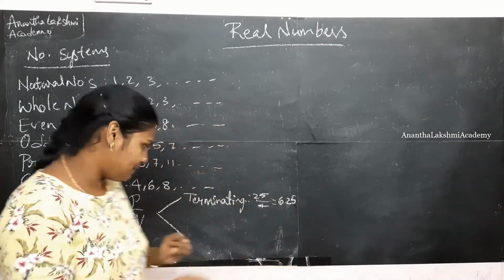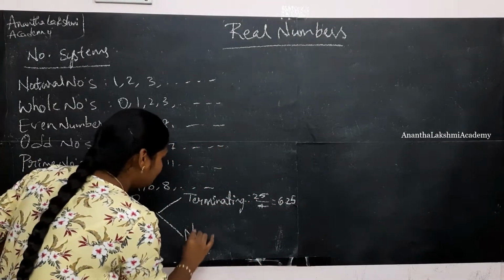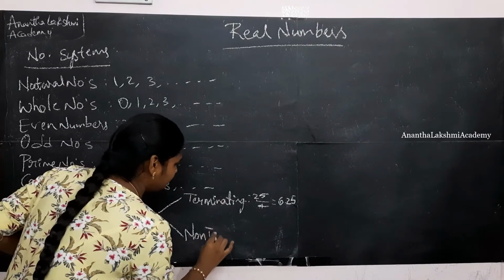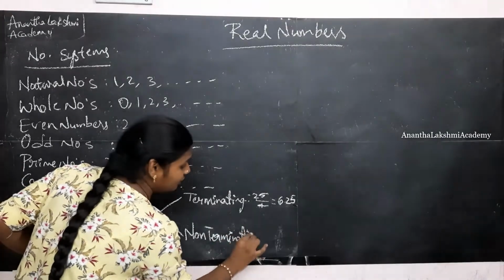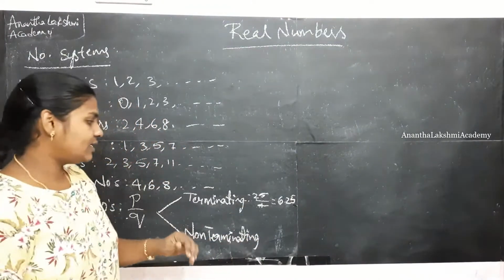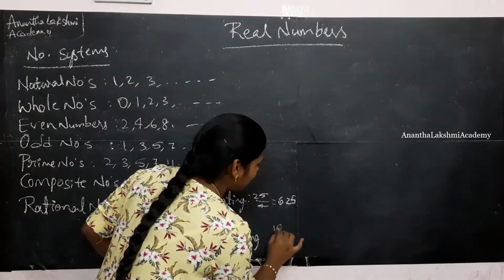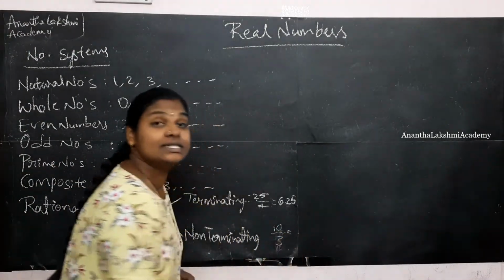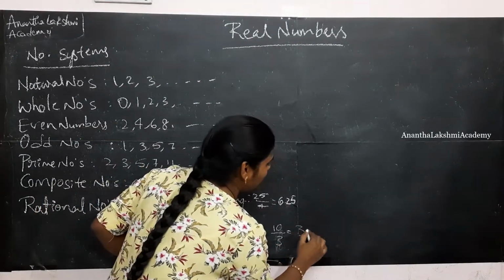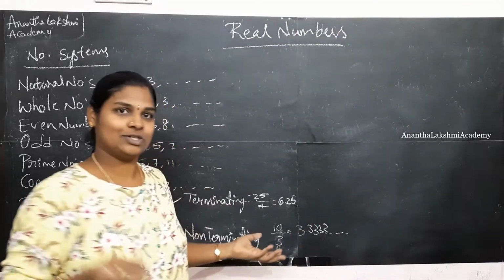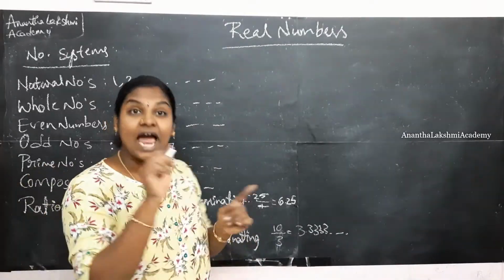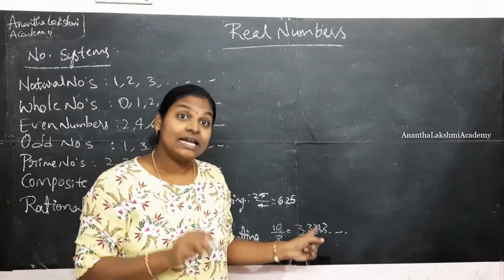That is the first type. Then we have non-terminating. So consider a fraction of 10 by 3. What happens? It is like 3.3333333, it goes on. This is non-terminating and the 3 is repeating.